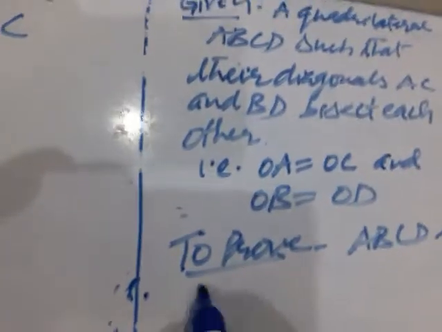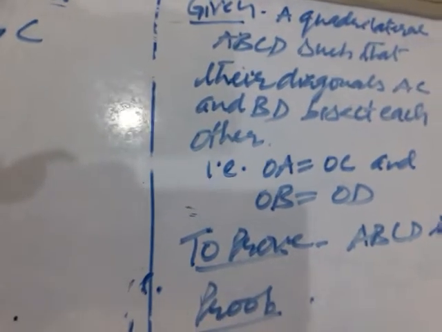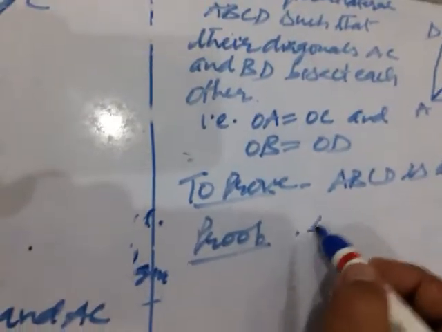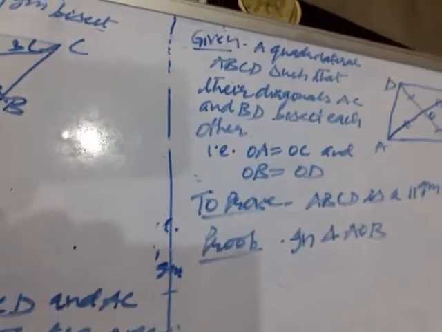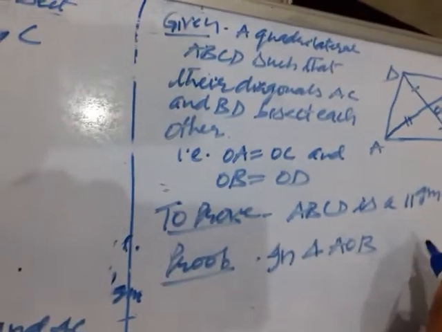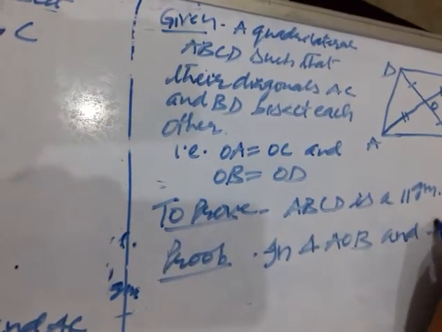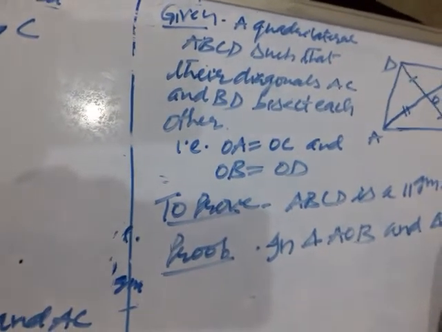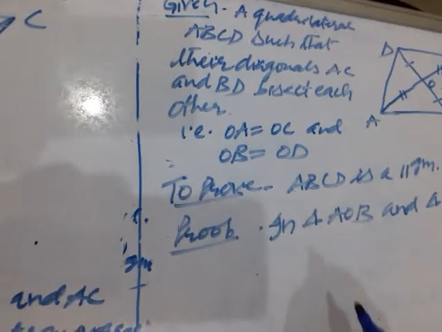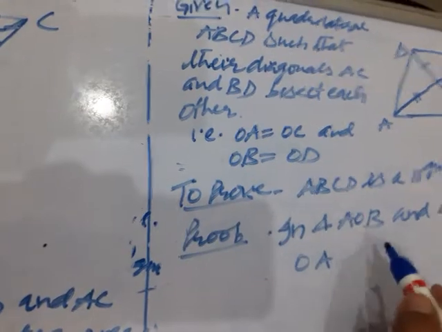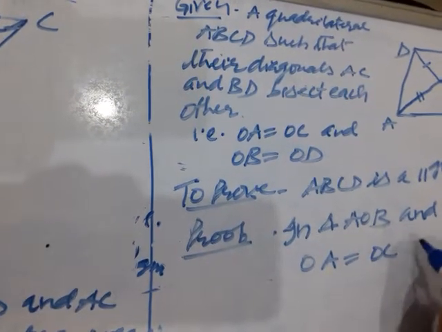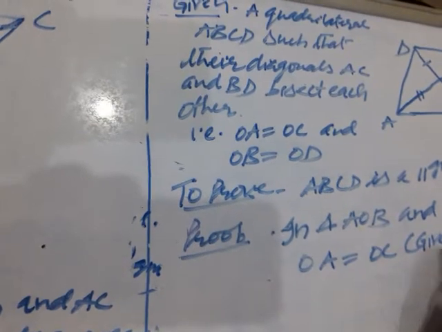Proof: in triangle AOB and triangle COD, children. What do we have, children? In AOB, here see, it is what? OA equal to OC, that is given because the diagonals bisect each other.